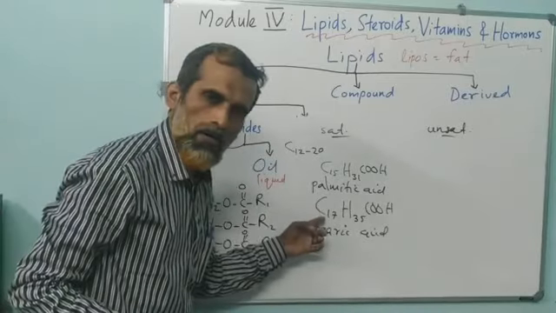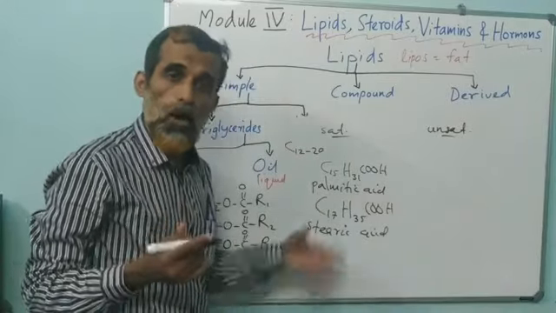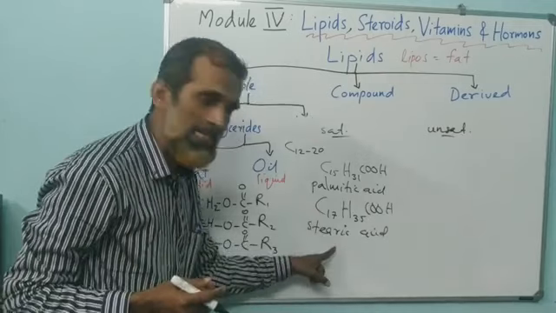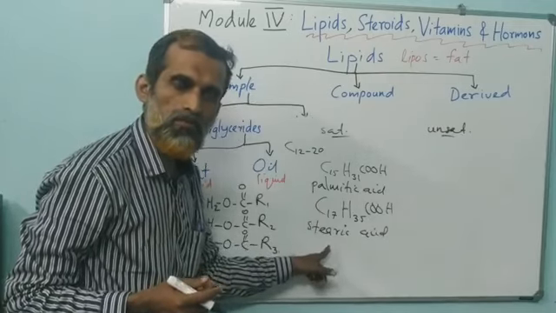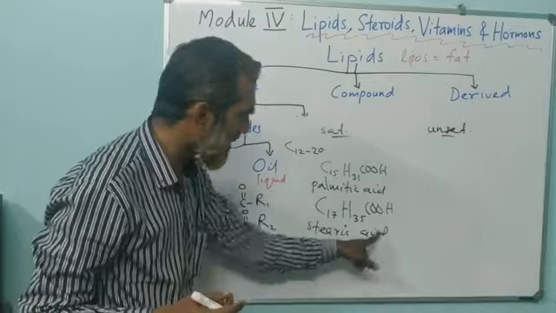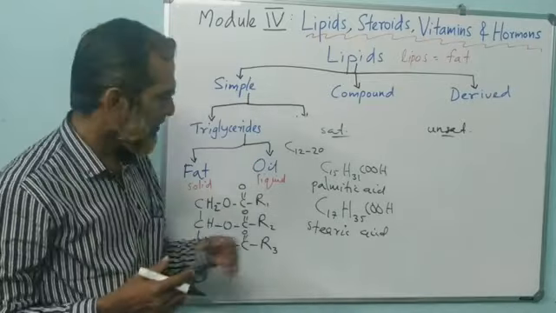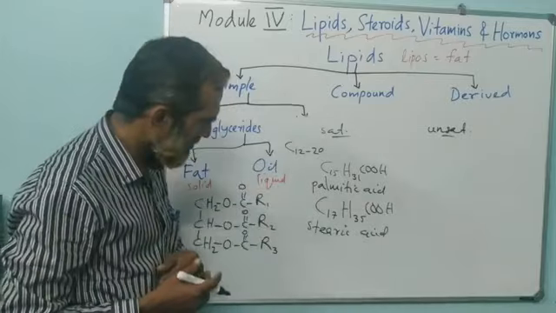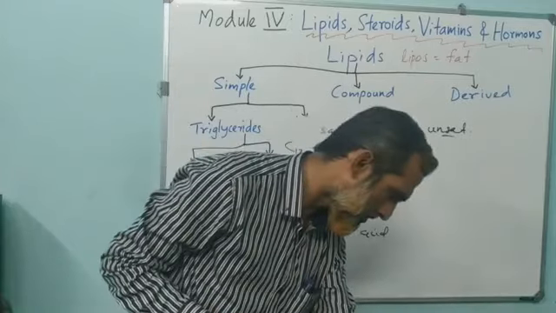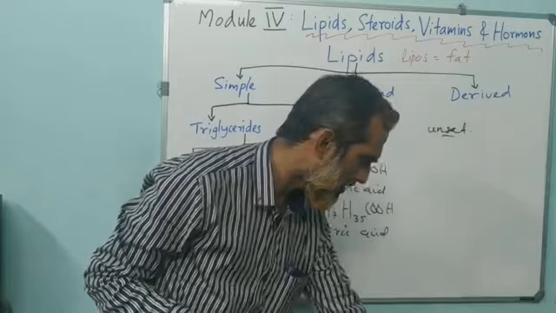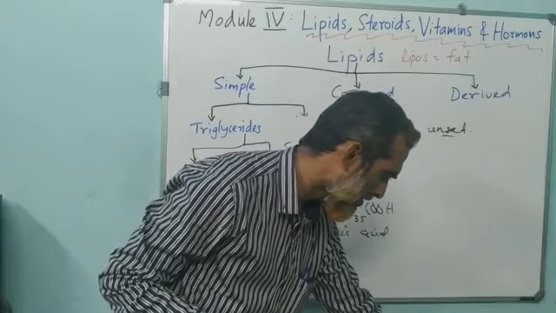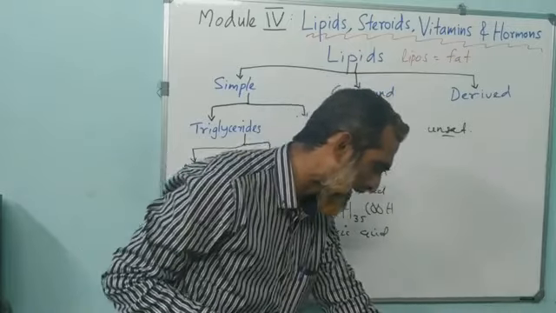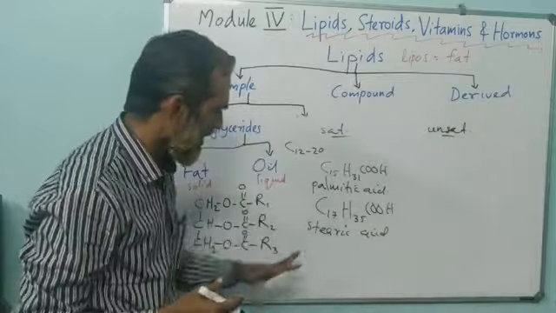If we write the next one, it is in the homolog series. If C19, then H will be 39, COOH. That's called arachidic acid.